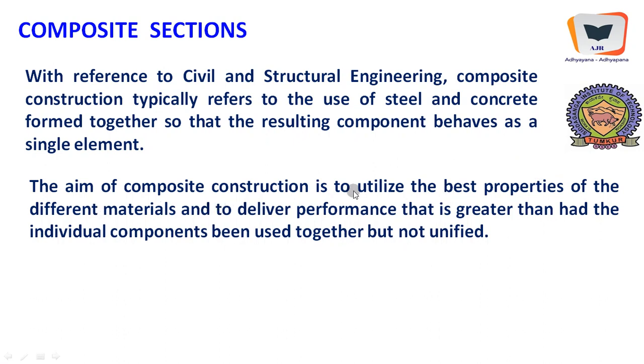The aim of composite construction is to utilize the best properties of the different materials and to deliver performance that is greater than had the individual components been used together but not unified.